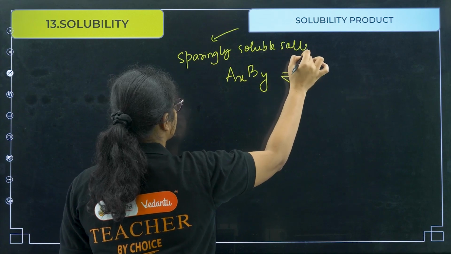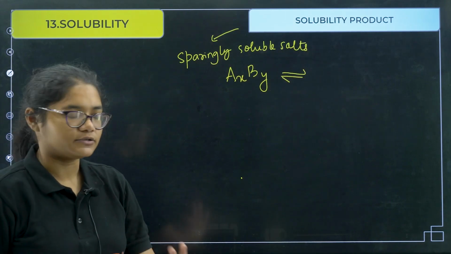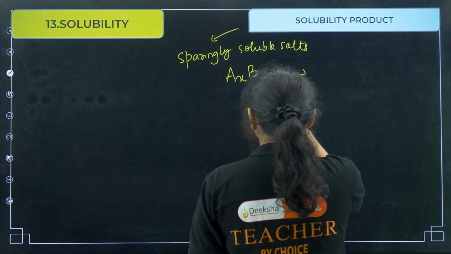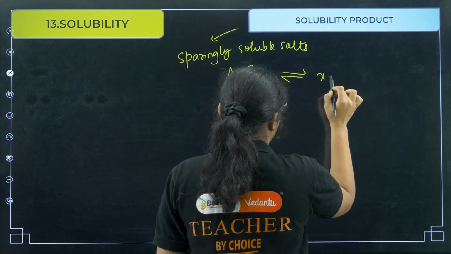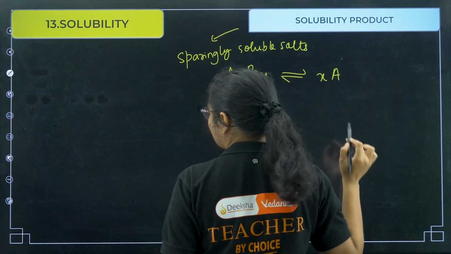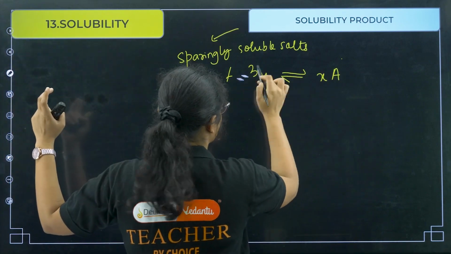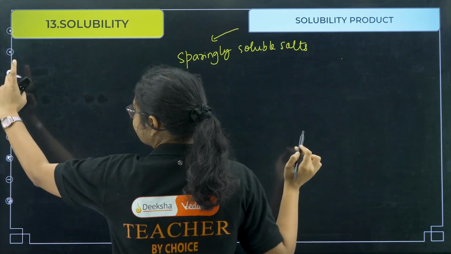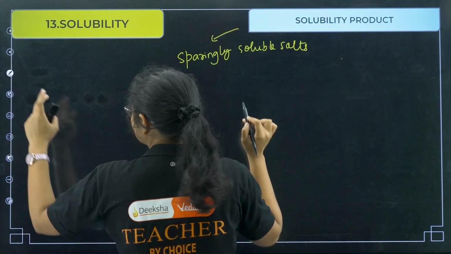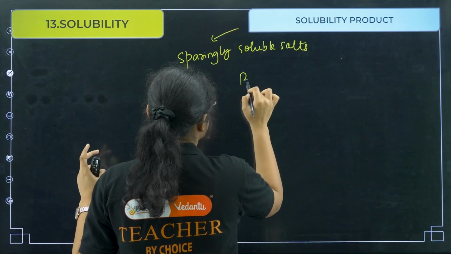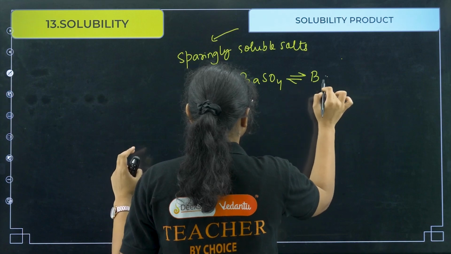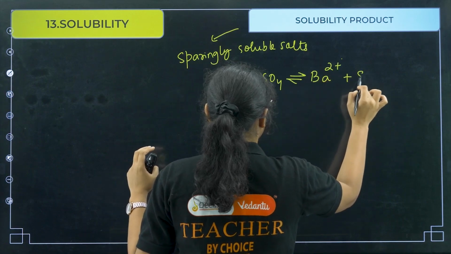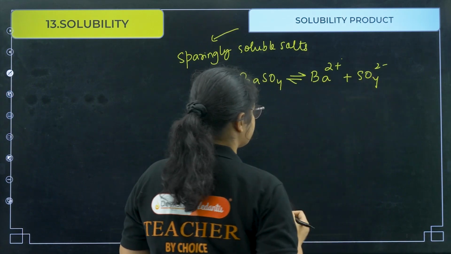Let me take a simple example first. For example, I have a salt like barium sulfate. How will it dissociate? Ba2+ and SO4 2-.